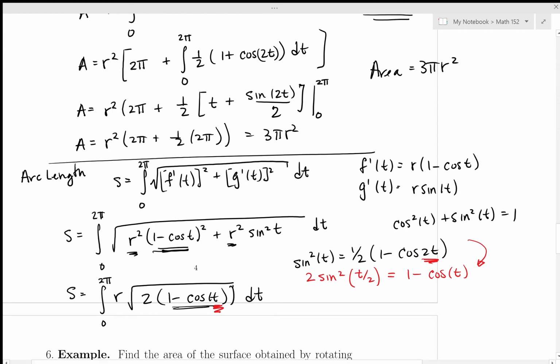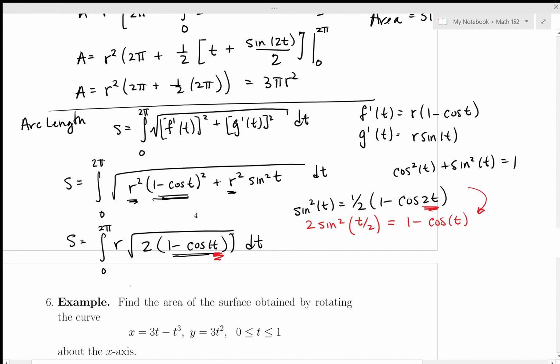So you have to massage the trig identity into a form that is exactly what we need here. When I substitute that in here, I'm going to get that the arc length is r times the integral from 0 to 2 pi of the square root of 4 sine squared t by 2, and then mercifully I can take that square root, so I get 2r times the integral from 0 to 2 pi of sine t by 2, careful not to leave off the dt.